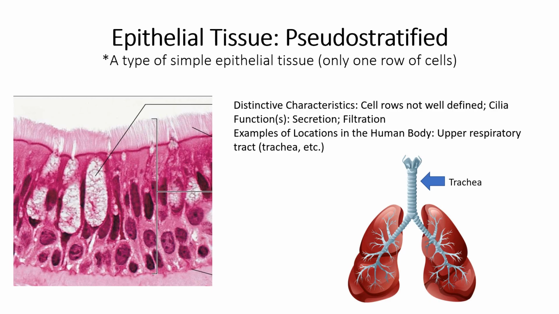Those cilia are going to try to sweep any particles that we don't want getting deeper into the respiratory system, into the lungs, try to sweep it back out of the body and trigger a cough reflex in order to get it back up out of the body and away from the lungs.